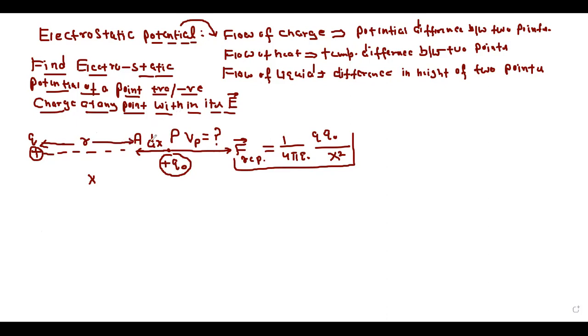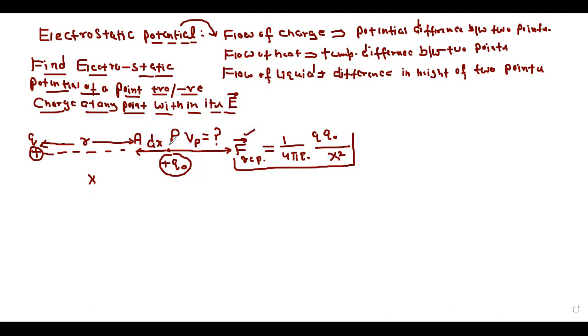So what I did, I just moved the positive test charge from point P to a new point A, and the movement was very small, dx. When I did this small movement dx, I moved opposite to the repulsive force applied by this charge.